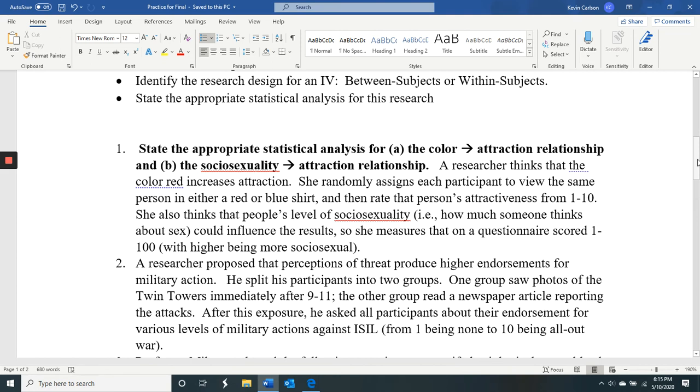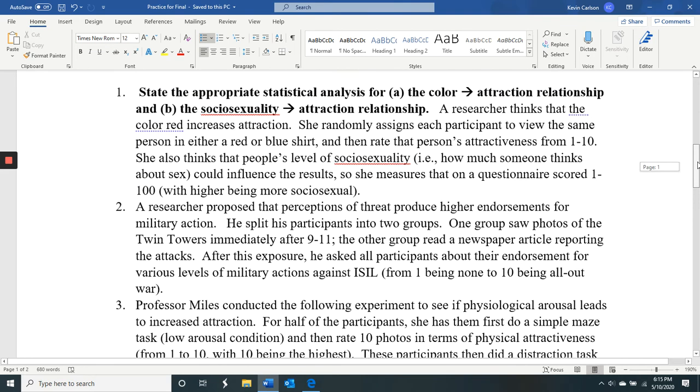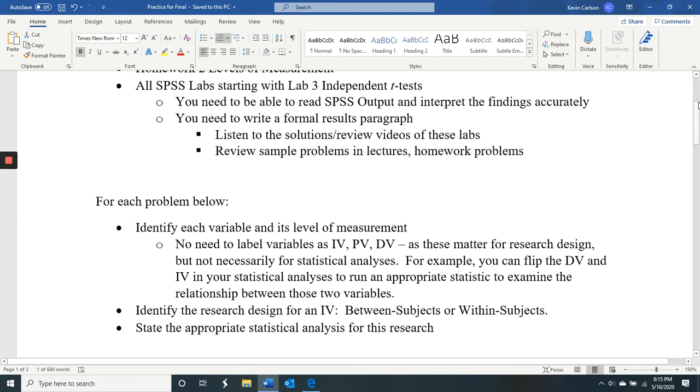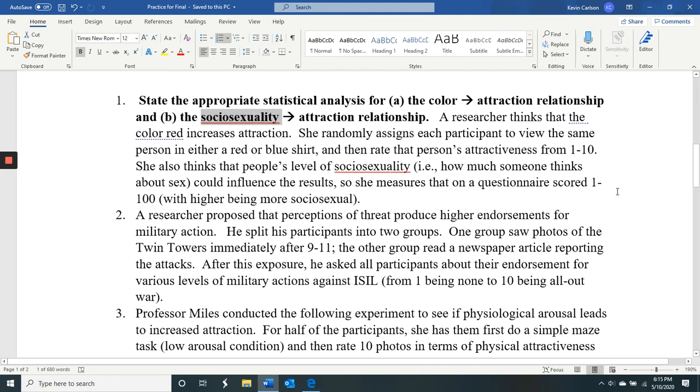The predictor variable is going to be interval level measurement. That interval has an I and a V in it. That's what messed me up there. So we don't have to worry about the research design here for sociosexuality because we're not manipulating it. So that's really just for the IV.